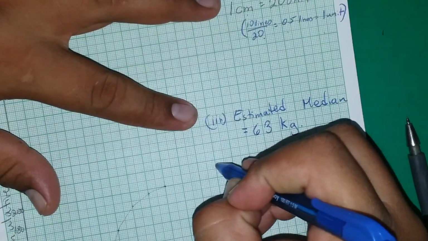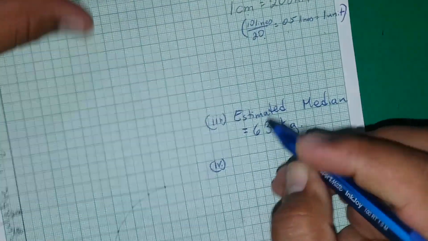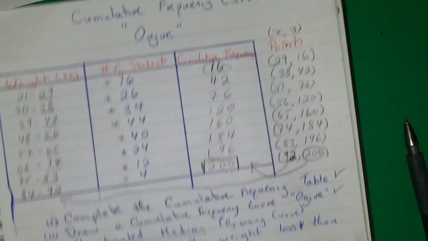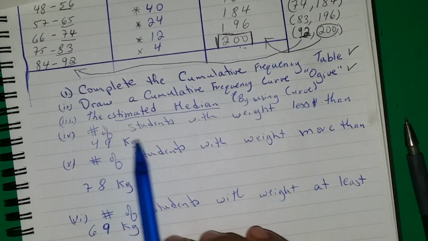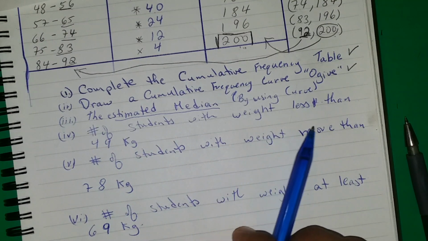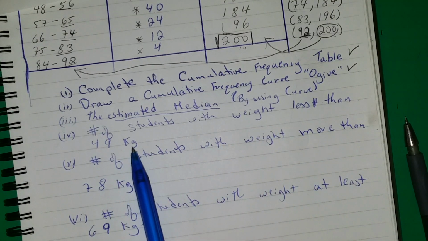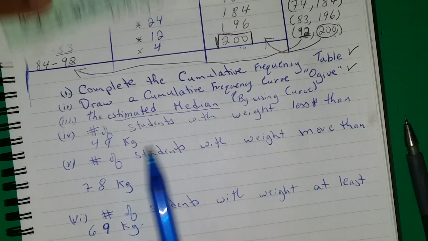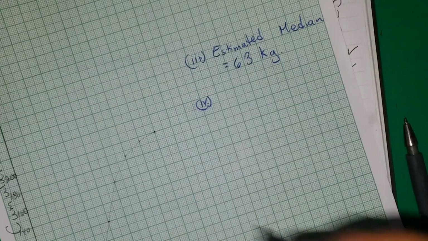4, let's take a look at 4. 4 says the number of students with weight less than 49 kilograms.